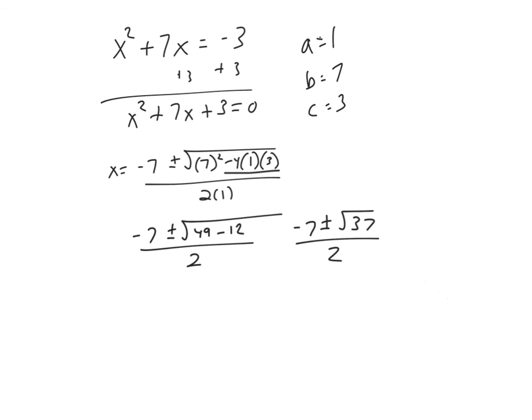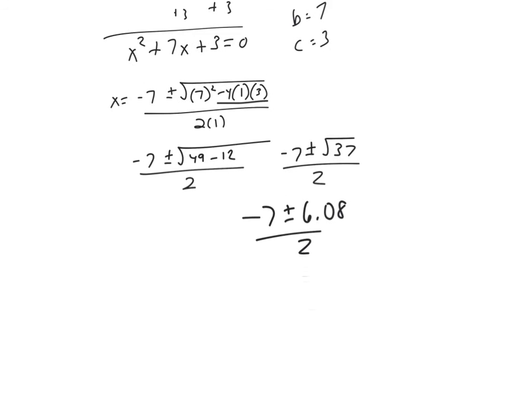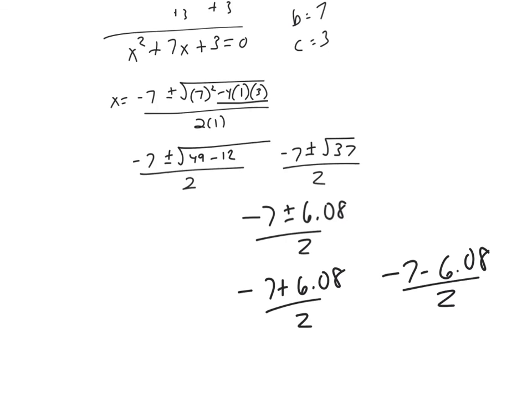So negative 7 plus or minus square root of 37 over 2. And so now the square root of 37 is 6.08. So I got negative 7 plus and minus 6.08 over 2. So negative 7 plus 6.08 and negative 7 minus 6.08.